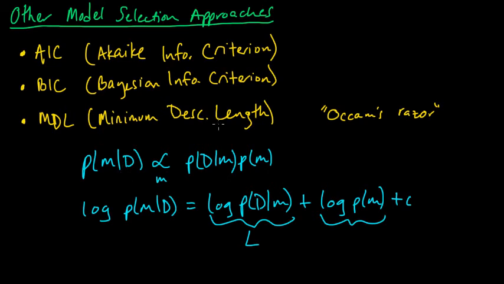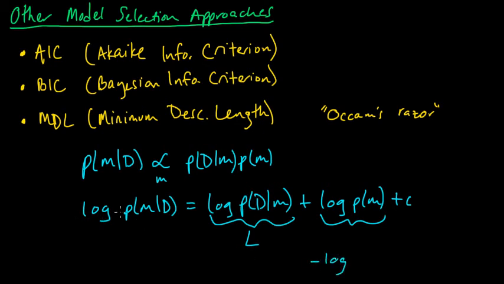And minimum description length, if you were to formulate a minimum description length criterion for doing model selection, you would do something like this, where the log of the probability, and in fact this is what people often do, the log of the probability is formally equivalent to a description length in some sense. Actually, I should say minus the log.